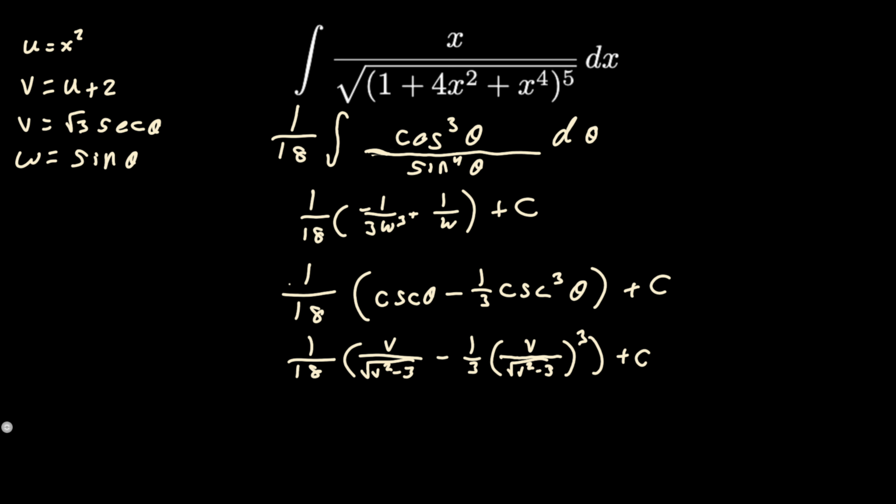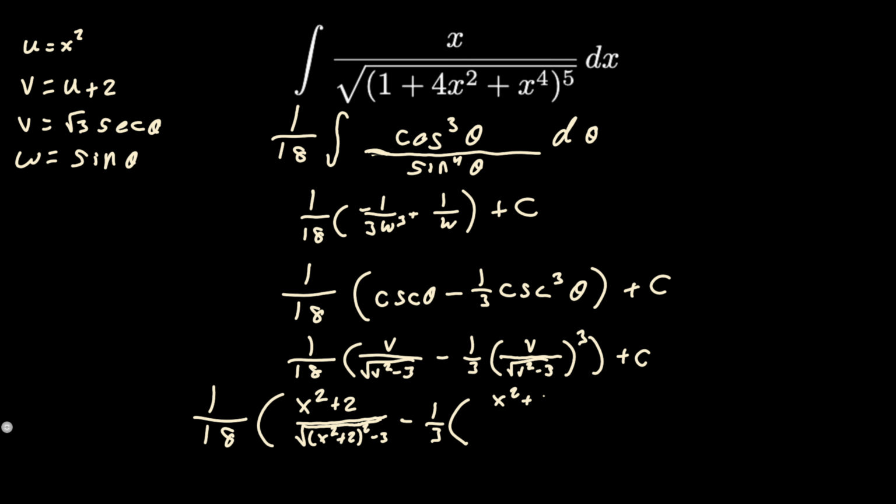And since we know that v is u plus 2 and u is x squared, we can rewrite finally our integral as giving us x squared plus 2 over the square root of x squared plus 2 squared minus 3, minus 1 over 3 times x squared plus 2 over the square root of x squared plus 2 squared minus 3, cubed plus c.